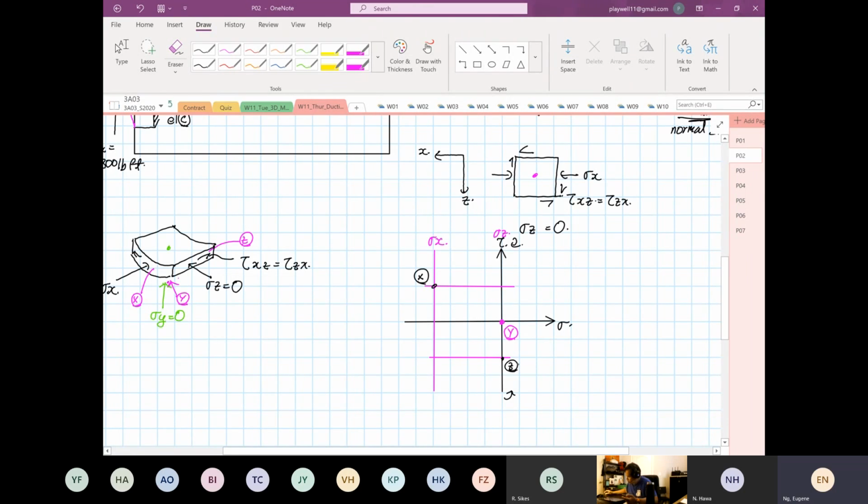Okay, so you can sketch your Mohr circle. I think some of you already know what it is going to look like. Yes or no?